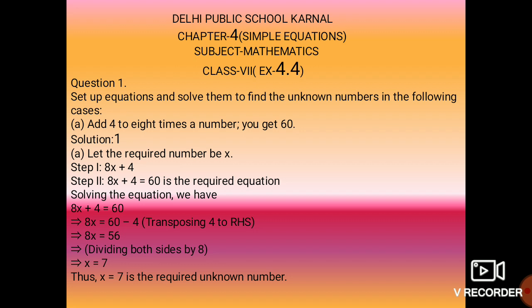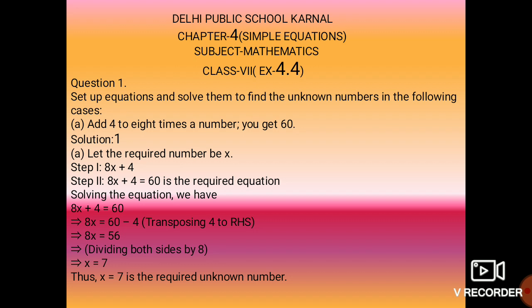So 8x equals 60 minus 4, so 8x is equal to 56. Now we divide both sides by 8, and the value of the variable will be 7. Thus x equals 7 is the required unknown number.